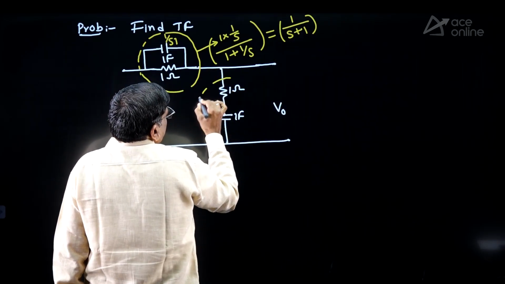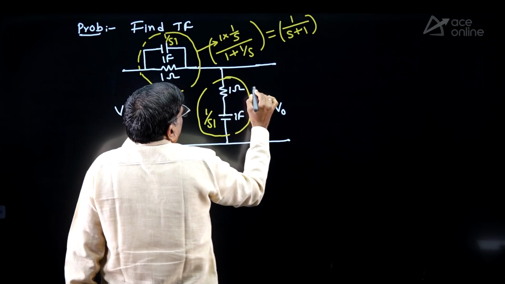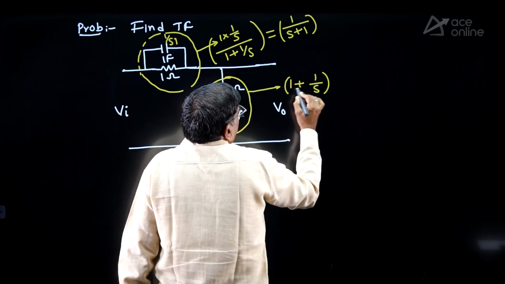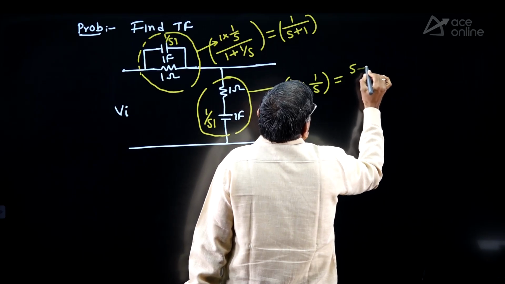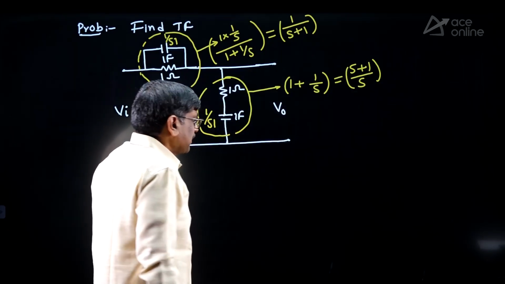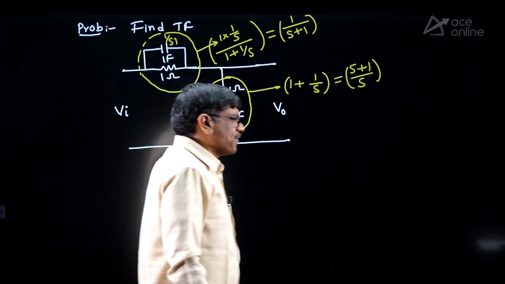Now simplify this series combination. So what is the series combination? 1 plus 1 by S. So that means what you are getting? S plus 1 by S. Yes or no? Now what is the transfer function? Anybody answer?